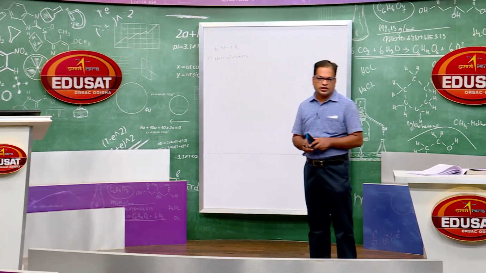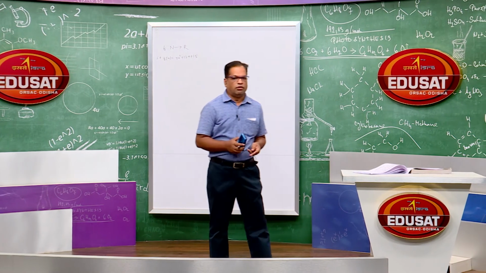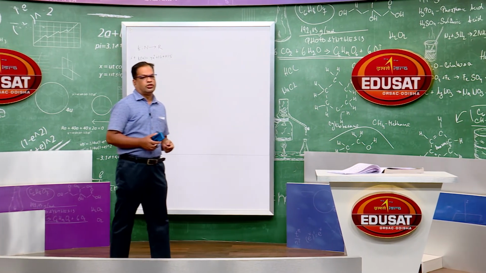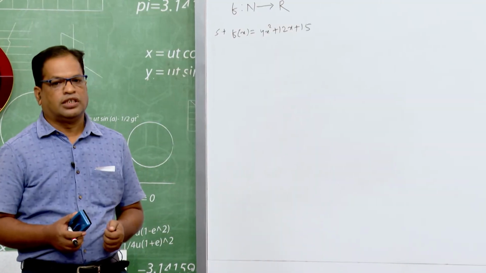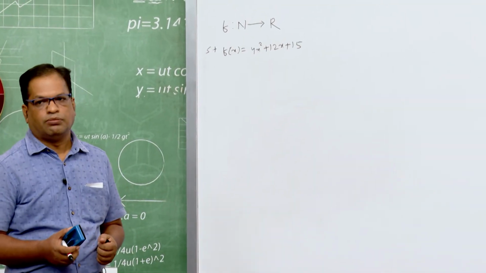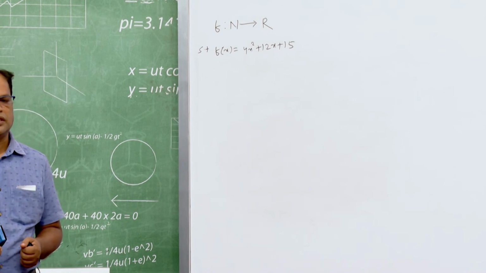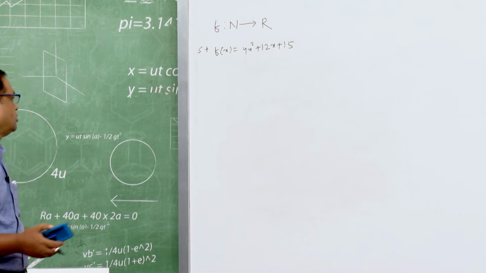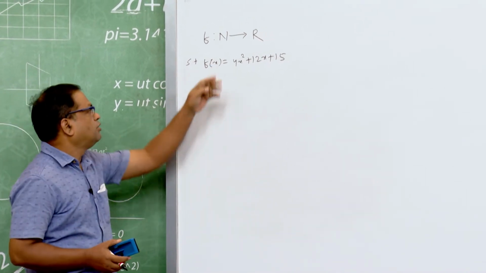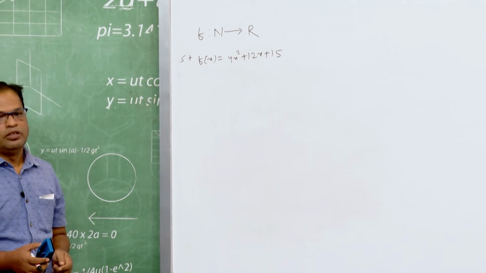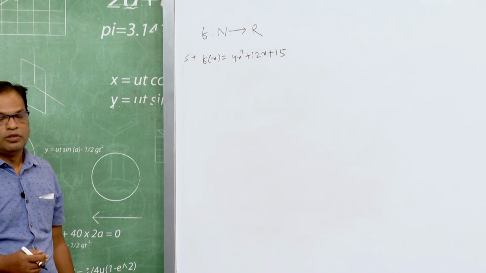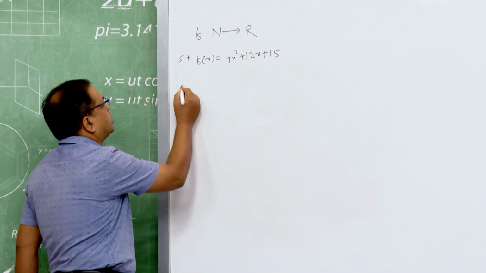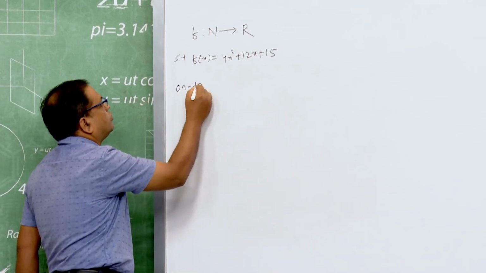So let us test the function for onto first. A function from X to Y is onto if for every y belonging to Y, there is an element x belonging to X such that f(x) = y. Now, given f is a function from N to R such that f(x) = 4x square + 12x + 15, first we test the function for onto.